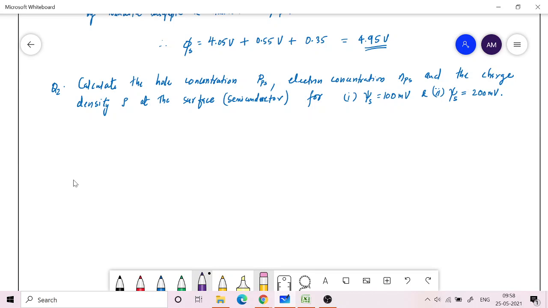Therefore, let me put the Fermi level here, and this is my phi s. Now, as I told you, the Fermi level on the other side is going to be above. This difference is basically equal to Q into VGB.